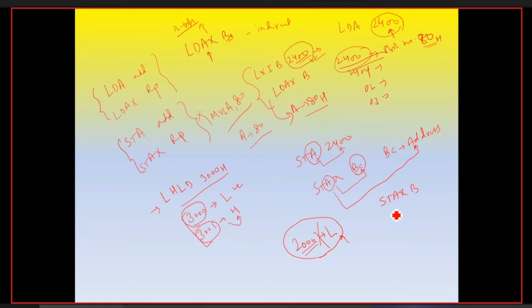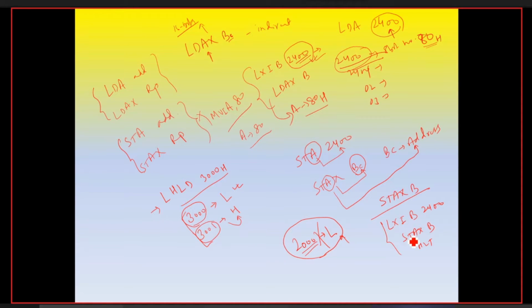Let us see a small program, how to use this, with the same example: LXI B 2400, STAX B, then halt. Suppose this is the program. What is the meaning of this?